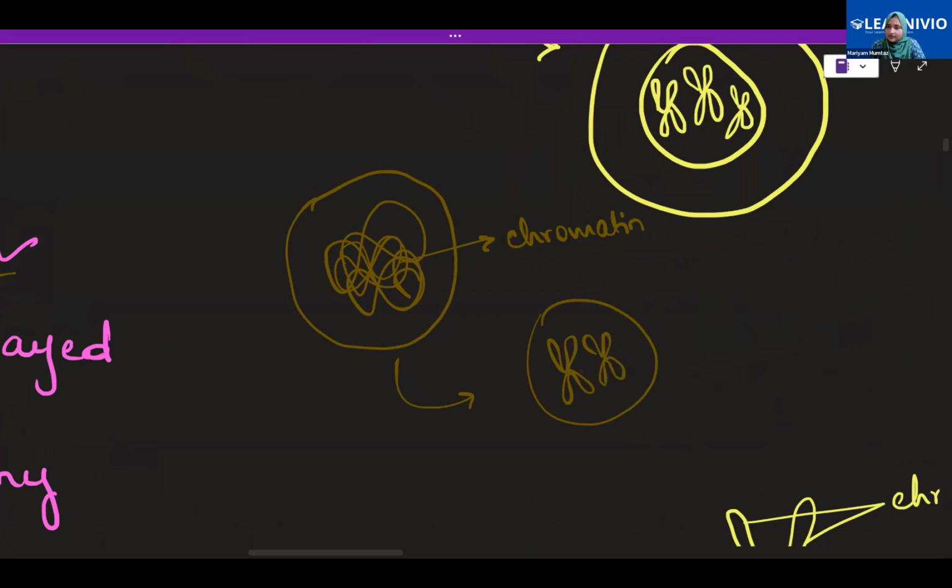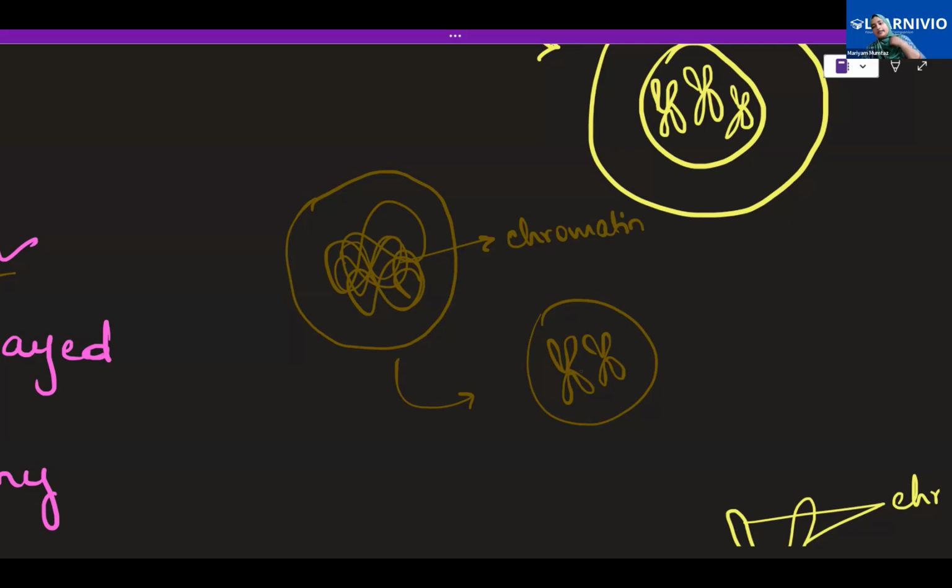Right? One chromosome is made up of what? Two chromatids. One chromosome is made up of two chromatids, and they are joined together at the center with the help of the centromere.